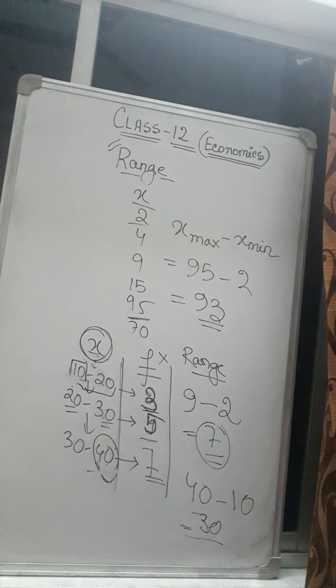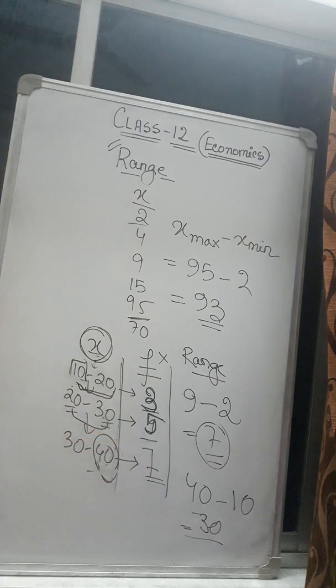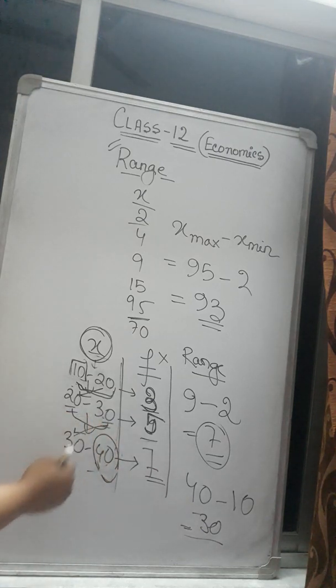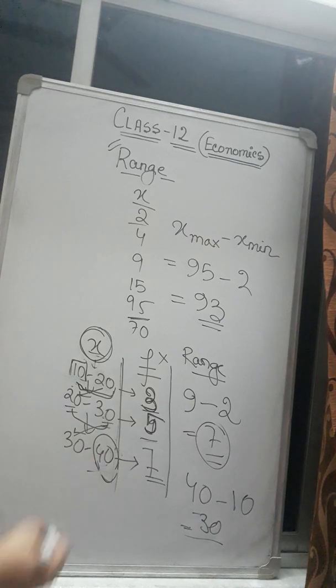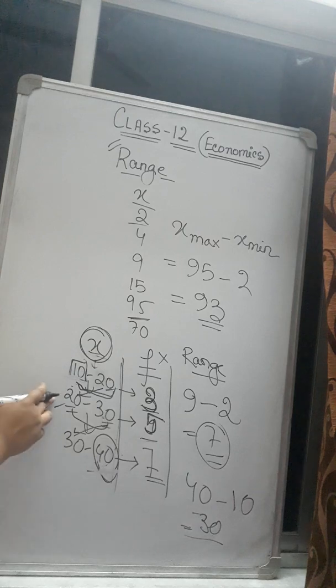Now the last technique. Suppose continuous classes are given. What do we mean by continuous? 10 to 20 and the next class is starting from 20 to 30. Then the next is starting from 30 to 40. So you can see the upper class boundary and the lower class boundary of the next class are matching.